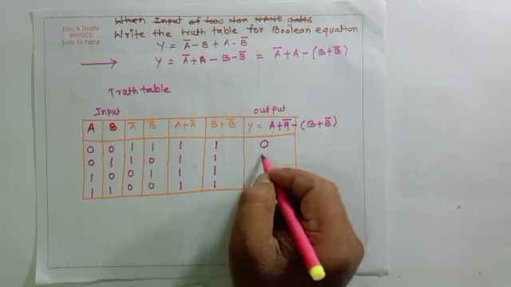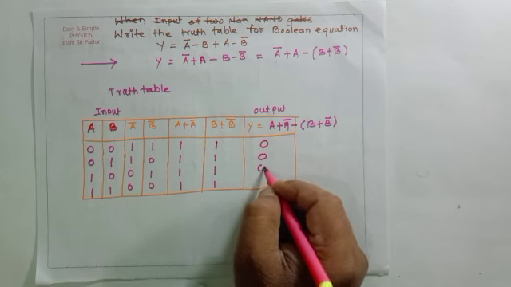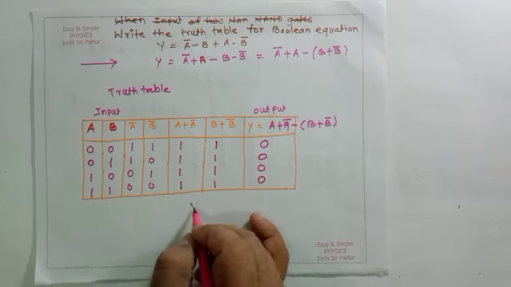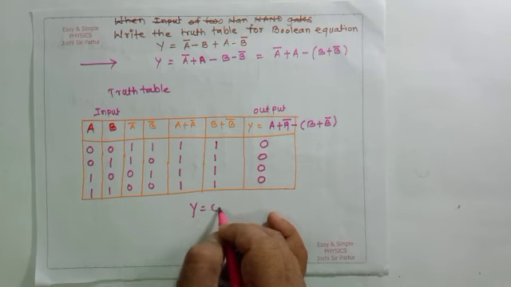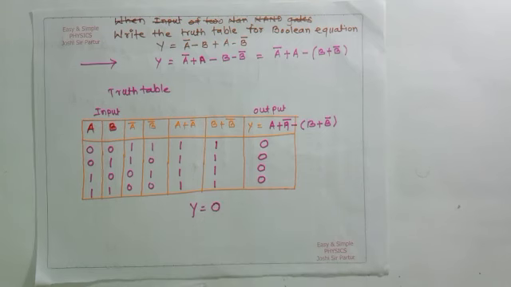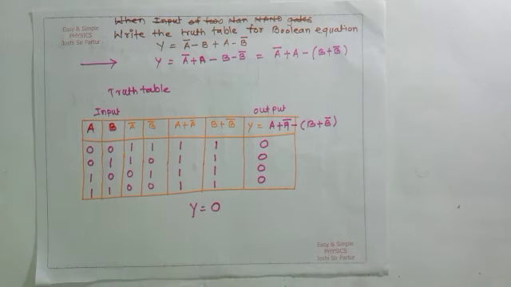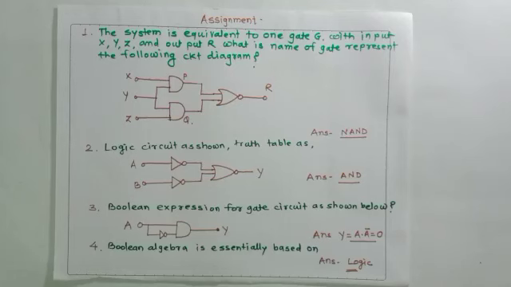So it will be low, low, low, low. So when the output is low, the equation gives the output low. Whether both inputs are low, both inputs are high, or one input is high and the other is low, the output will be low by using the given Boolean equation.